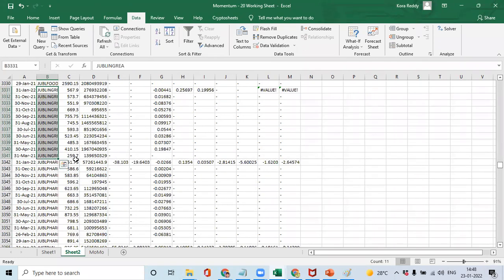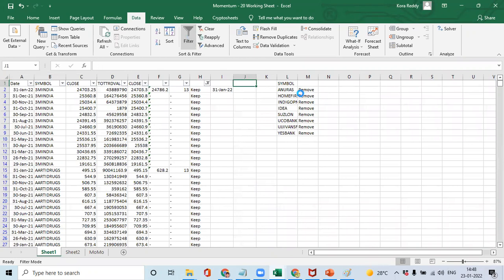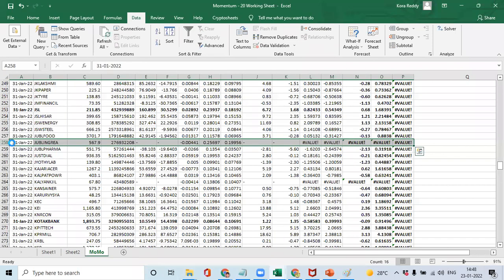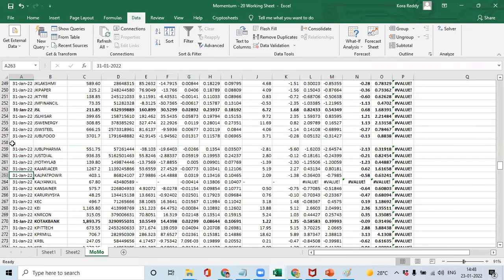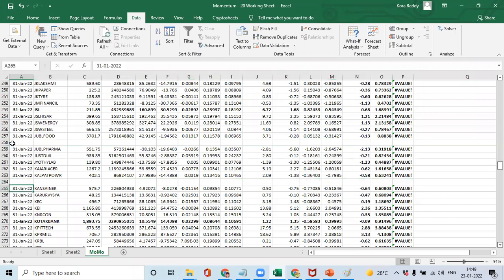Okay, it doesn't have a history of 12 months, but somehow it can, because we didn't do that particular step again after the wrong copying, right? We copied only 200 companies, something like that. So we didn't do that exercise. So that's why the Jubil, whatever is this company, has a problem. So delete that. And this one also has a problem, Kalyan Jewelers, which has 12 months history.